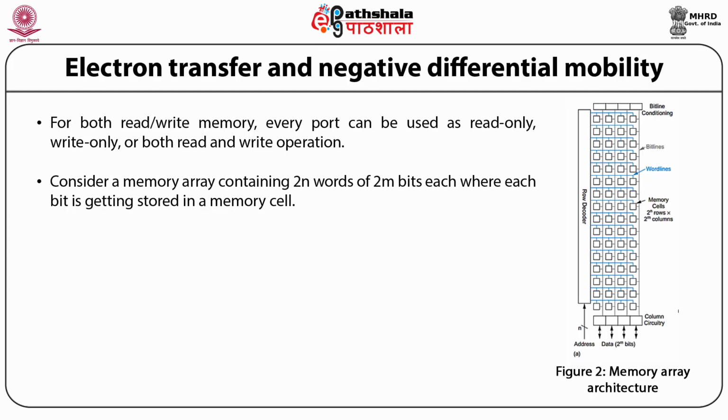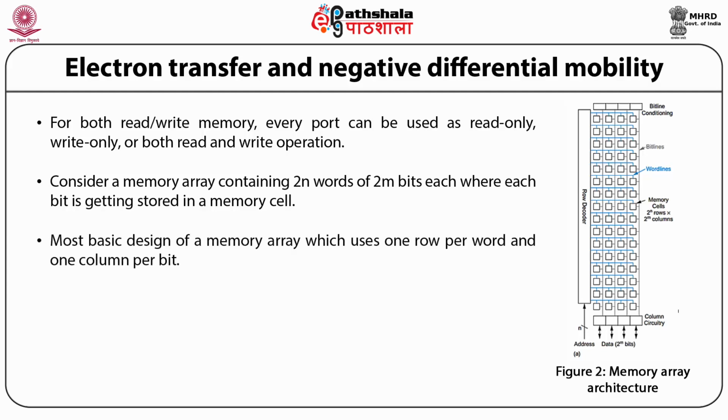As you can see in this figure, which demonstrates the architecture of a small memory array containing 16 4-bit words, part A indicates the most basic design of a memory array which uses one row per word and one column per bit.